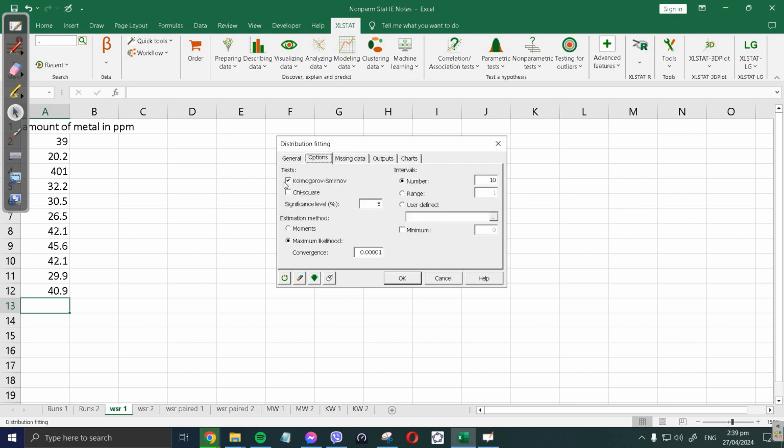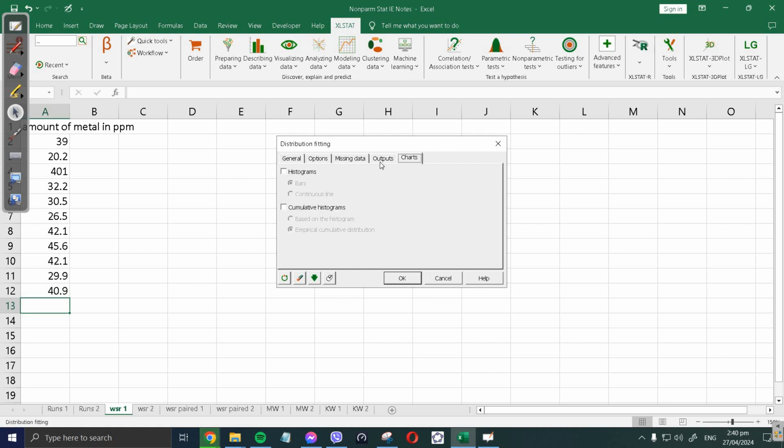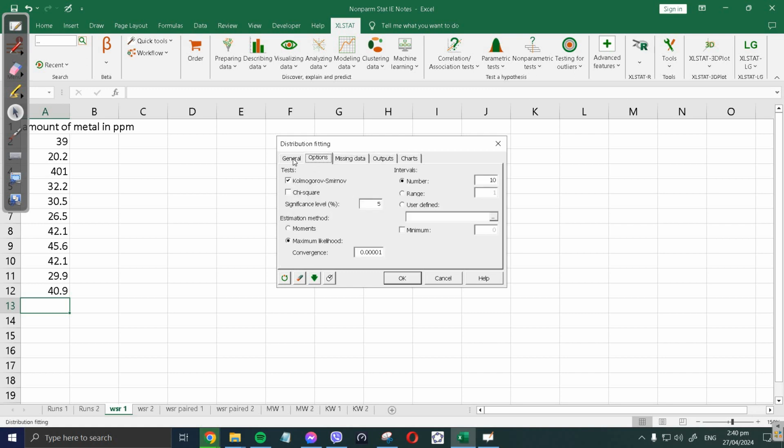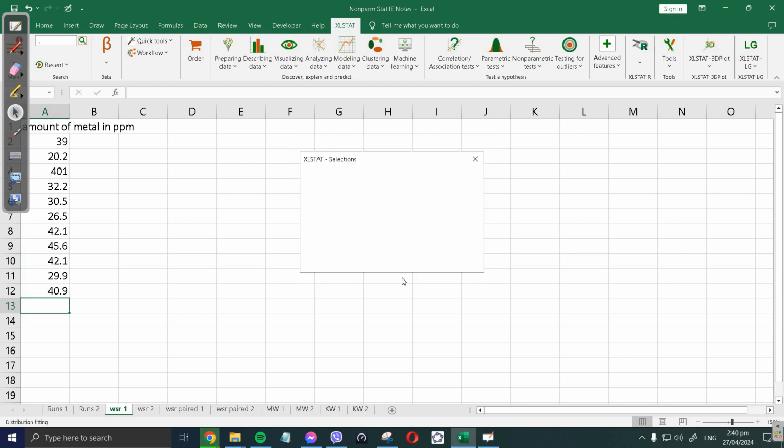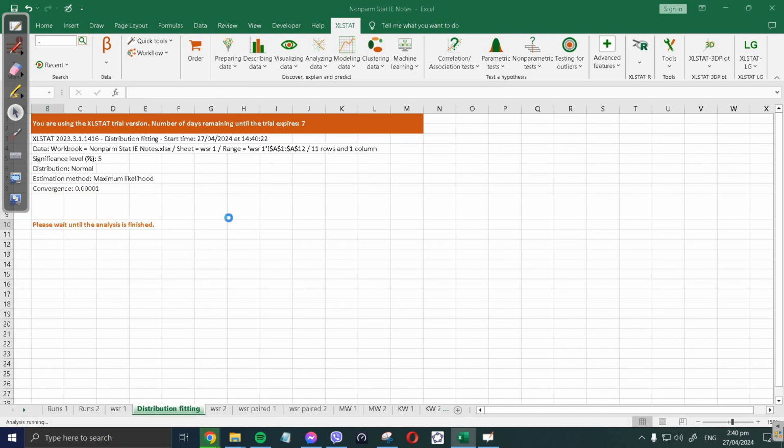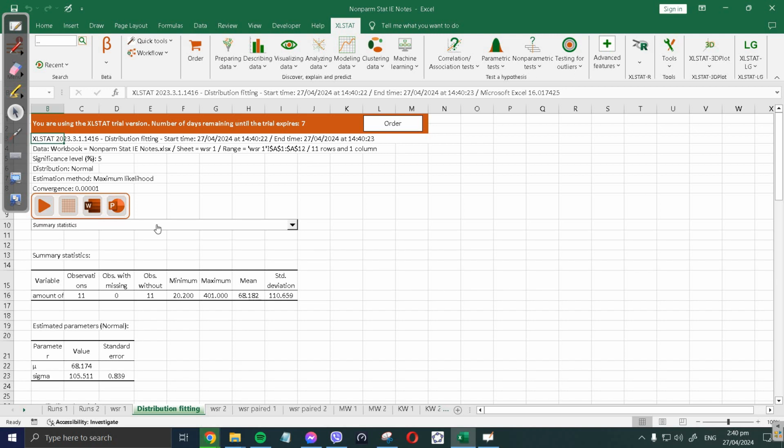Among the other options, you can see that the test that will be done is Kolmogorov-Smirnov. For the outputs, I'm also going to put descriptive statistics and histograms so that we can see. From there, we click OK, then click continue. So we have this. This is the reason why I would like to use a different sheet, because this is something difficult to remove.